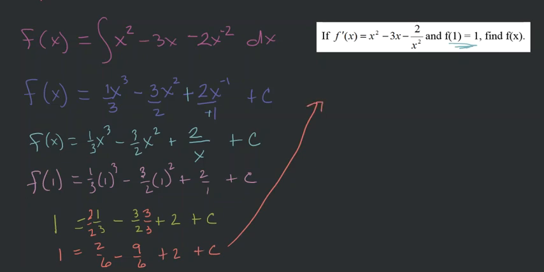Now this is going to give me 1 equals minus 7/6 plus 2. Now it says plus 2, but I'm not going to write that as 2. I'm going to write that as 12 over 6. This could also be done on your calculator. Plus c. So then, if we add the 7/6 and the 12/6, we're going to get 1 equals, let's change colors.